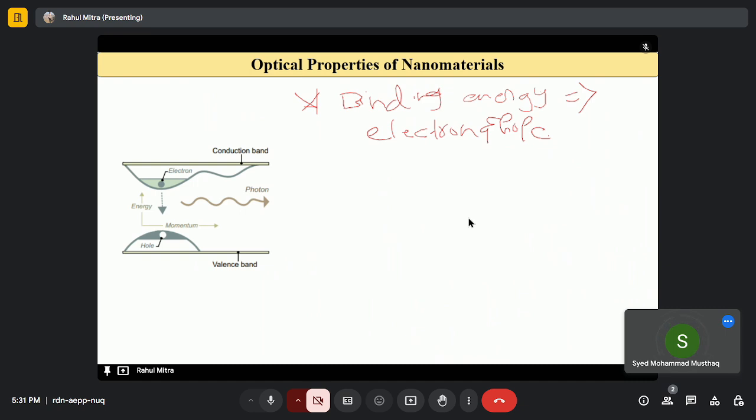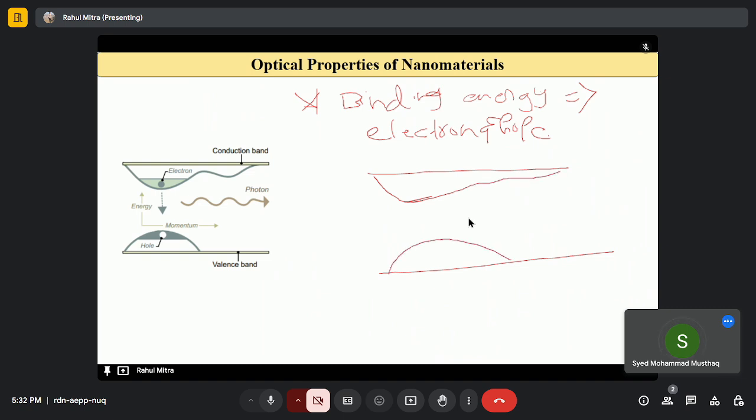Now, because of this binding energy, which reduces the total energy of the system, the electron can occupy states other than the lowest energy state of the conduction band. That means, for example, this is my conduction band, this is my valence band. So the electron can be found below the conduction band, right?